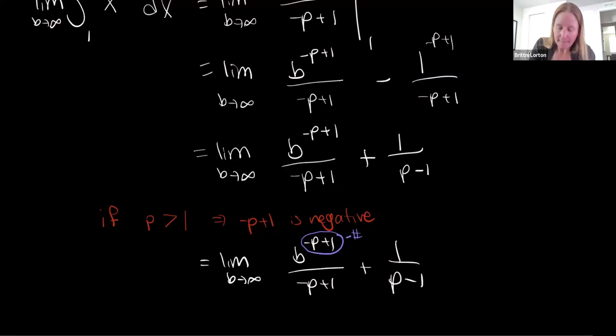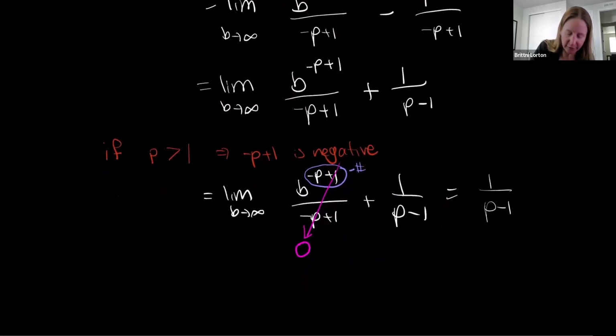Because I have b to the power of a negative number, that's going to be 1 over b. As b goes to infinity, that goes to 0, which means that this integral would converge to 1 over p minus 1. Cool. That was a good what if scenario.